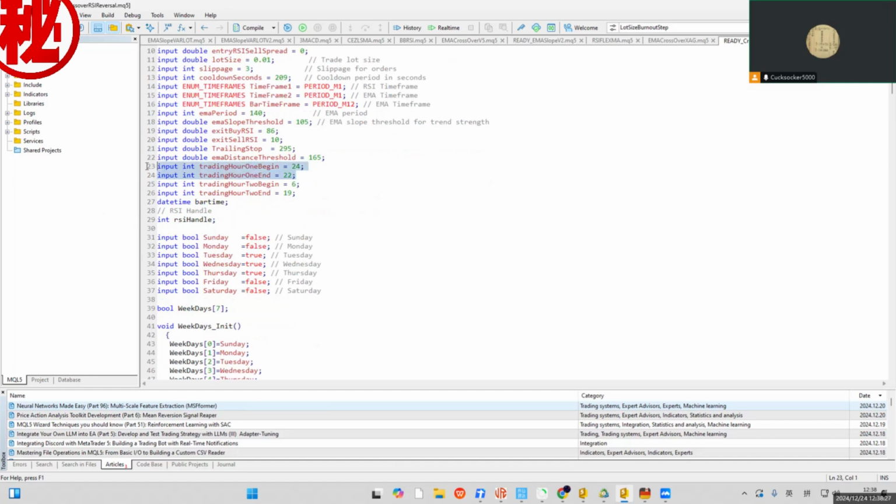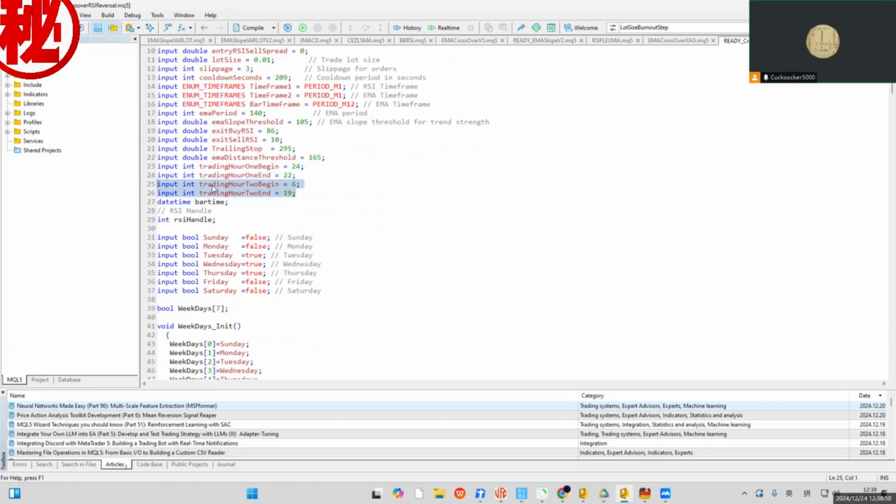And also I have trading hour begin. This one is actually useless, so I don't use it, so I place random numbers. I only trade from 6 o'clock in the morning to 19. We do know that the Asian session starts at 9 in my time zone, and the end is 19.